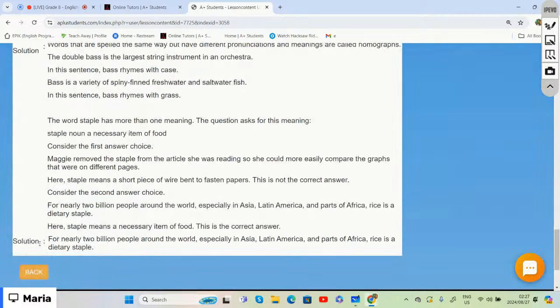So if we look at the word staple, staple has more than one meaning, right? So staple is a necessary food item, so it's an item of food.